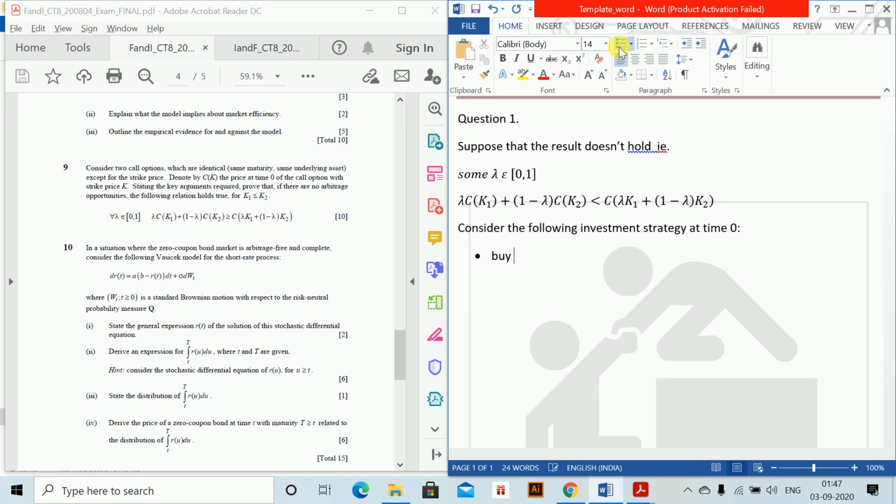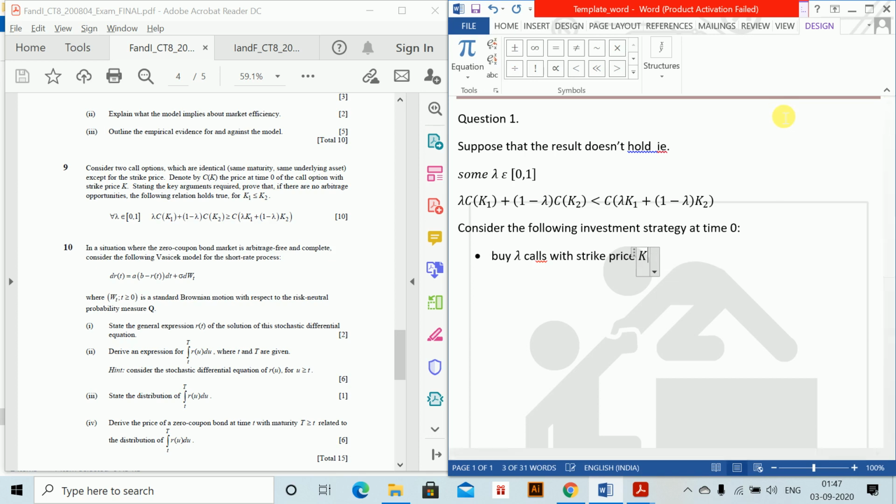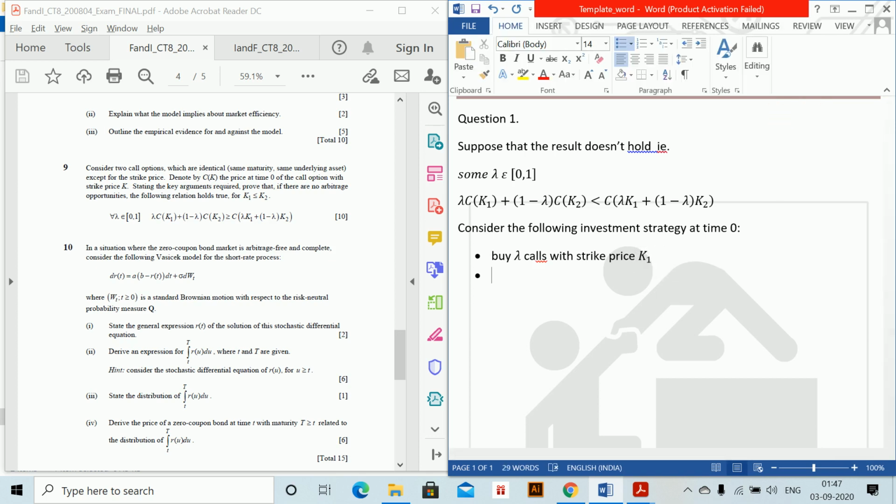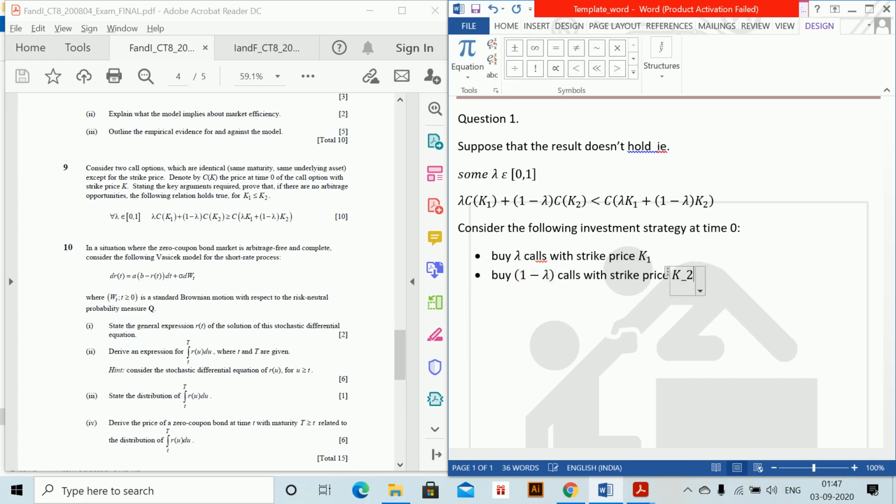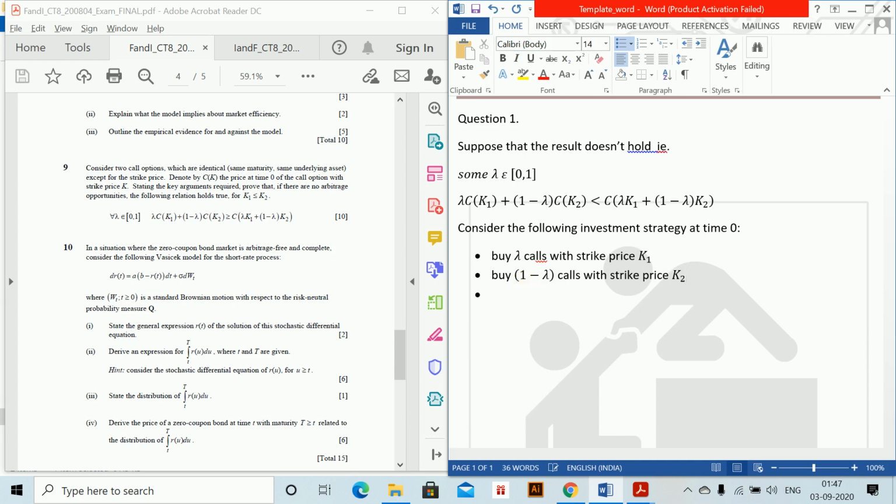Buy lambda calls with strike price K1, buy 1 minus lambda calls with strike price K2, and sell 1 call with strike price lambda K1 plus (1 minus lambda) K2.